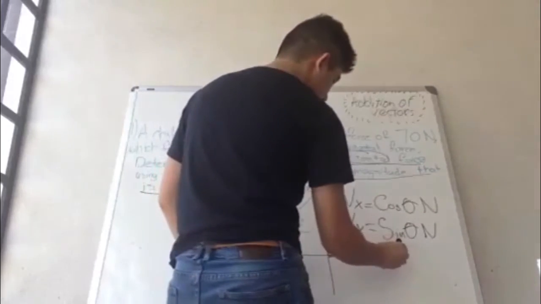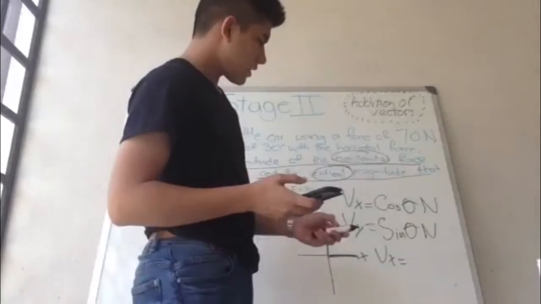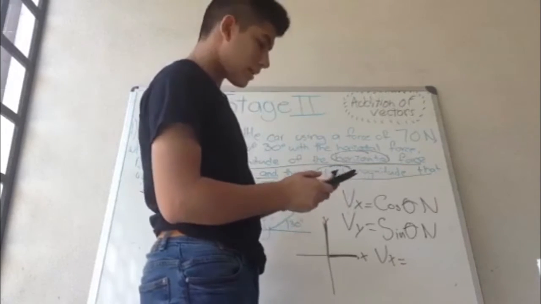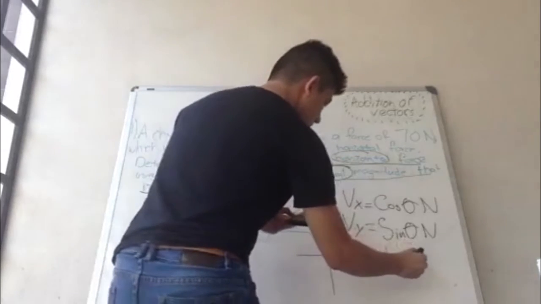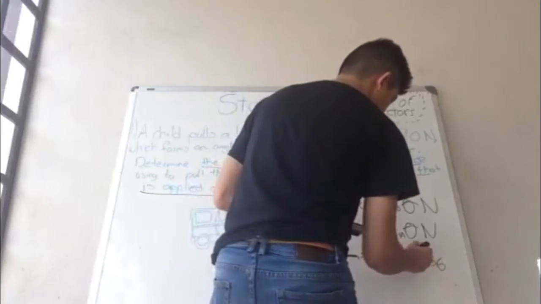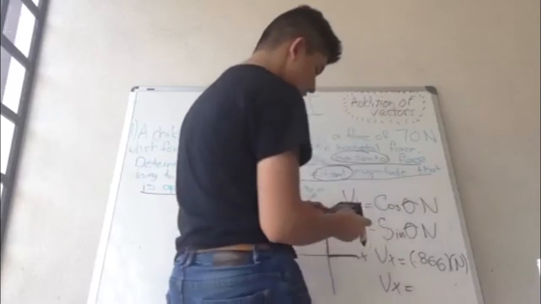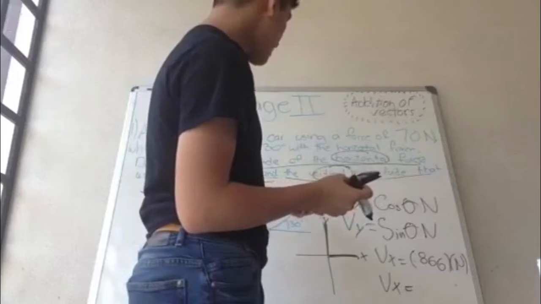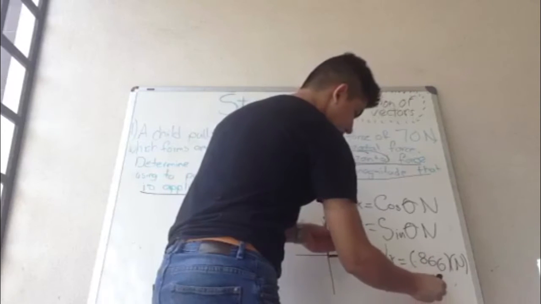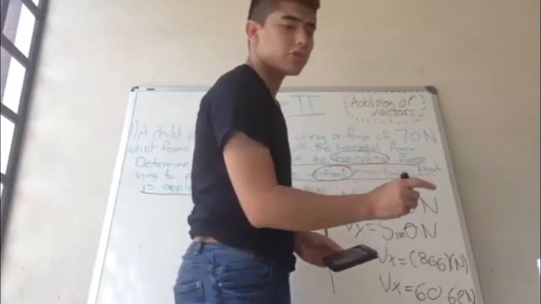So for Vx, we need to use a calculator. Cosine of the angle, which is cosine of 30 degrees, gives us 0.866, right? So Vx equals that times the magnitude of the force, 70, and that gives us an answer of 60.62 newtons. Always remember to use newtons.